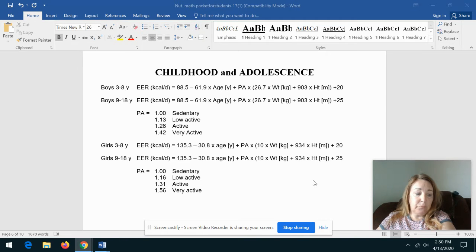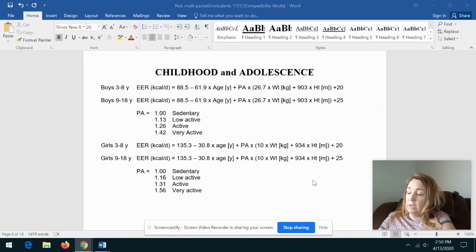So I'm going to take 135.3 minus 30.8, and then I'm going to put 10 within parentheses. Okay, and then a plus sign. Her physical activity level is very active, so 1.56 is the physical activity level.